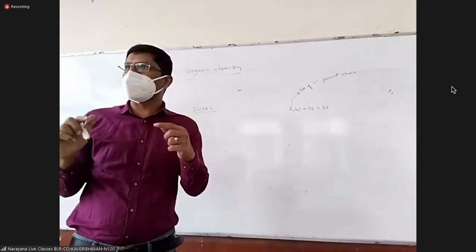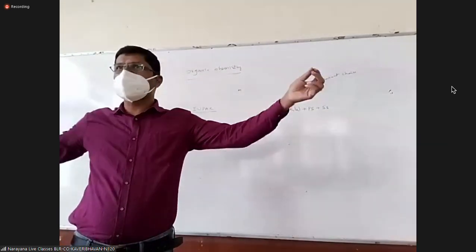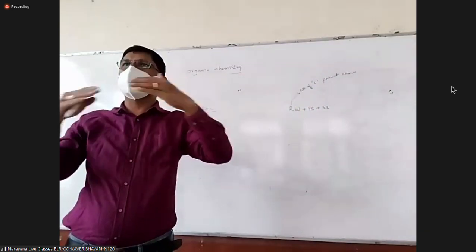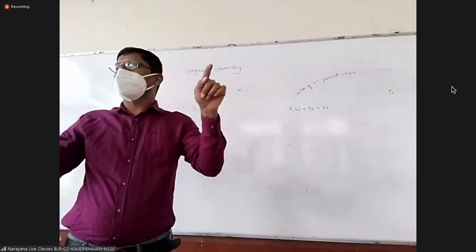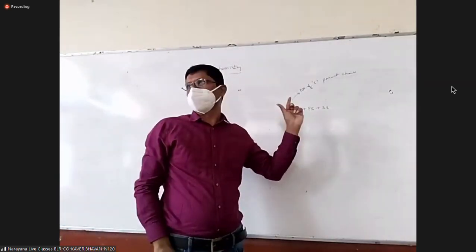What is the parent chain? The longest chain in the given compound. The longest chain given in the compound is called the parent chain. In the chain, how many carbons are there, represented by the root word? Clear?